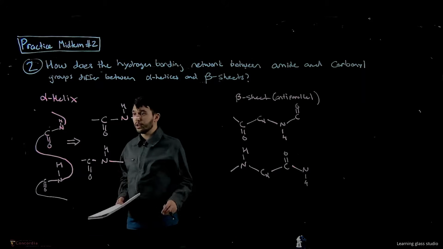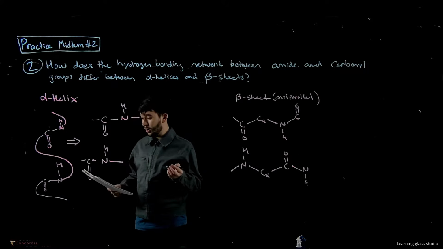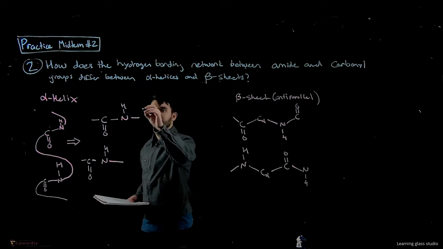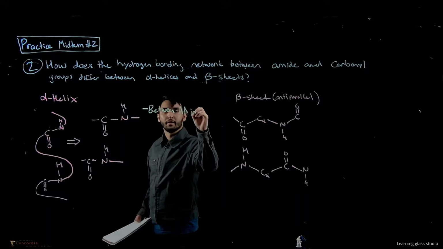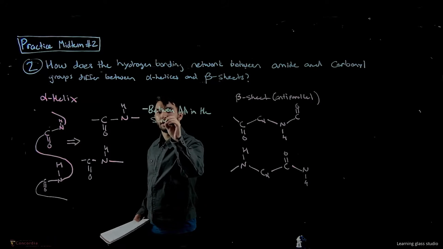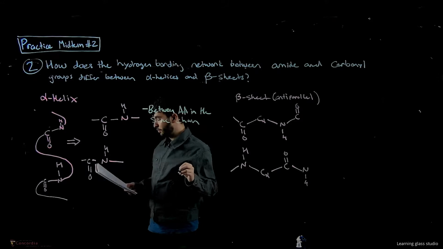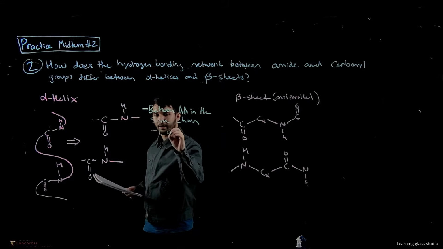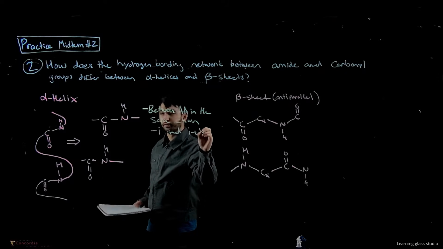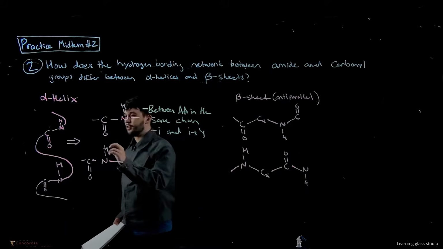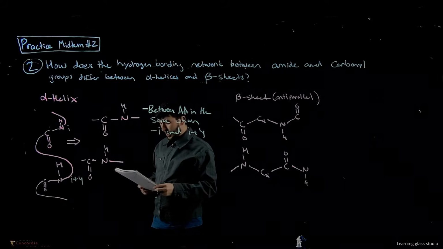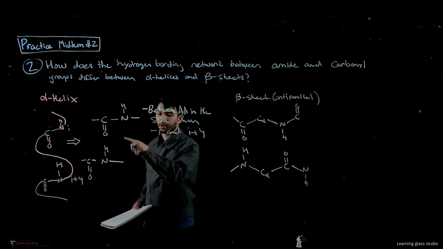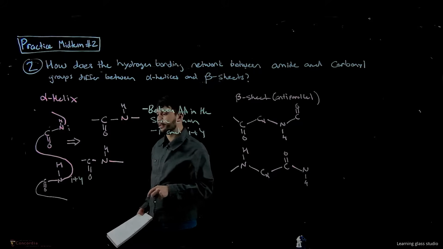Here, the hydrogen bonding will occur between amino acids in the same chain, specifically between amino acids i and i plus 4. For instance, this could be amino acid i, and this could be amino acid i plus 4 here. Then the hydrogen bonding occurs within the alpha helix itself.